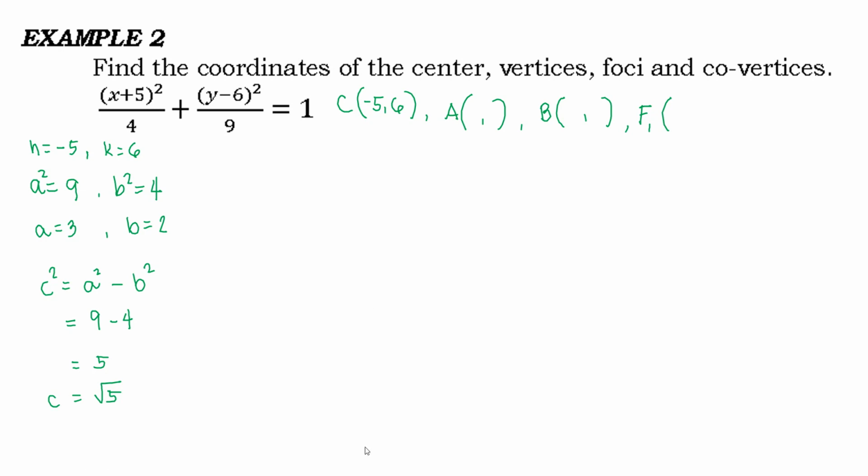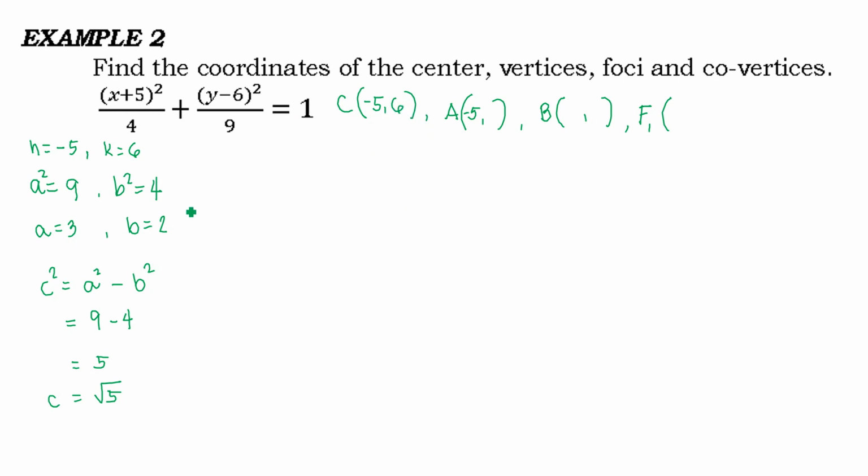So dito pala, okay, since the center is at -5, 6, so dapat our first vertex would be -5, kasi our a would be 3. So, this center would be added by 3.